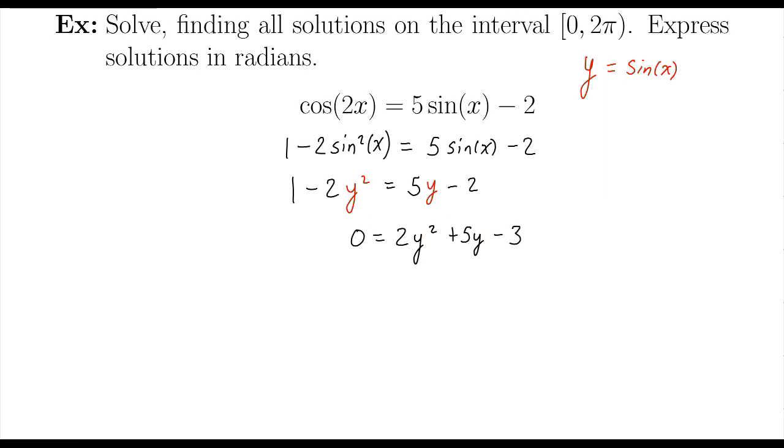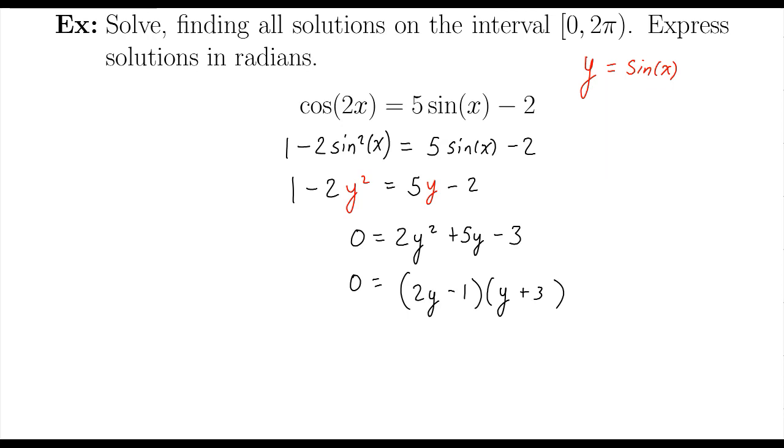Now I'm going to factor 2y squared plus 5y minus 3. You may want to review your factoring. The better you are at factoring, the easier these problems will be. So 2y minus 1 and y plus 3.